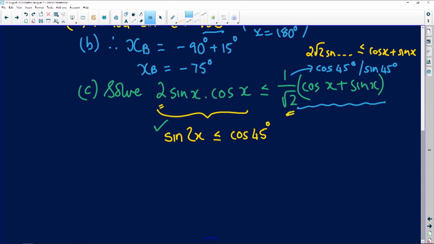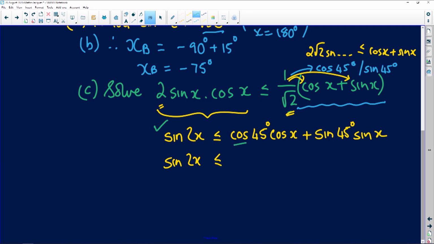The question is cosine, so you've got to rework this into cos, cos, sine, sine. So I'm going to say this is cos 45 times the cosine of x, so I'm multiplying it into the bracket at the same time. On this side, I'm going to be clever and use it as the sine of 45 and the sine of x. Okay, so all that I need to remember now, and that you need to remember, is your compound angle formula. You have the cosine, cosine. So you know that this is going to be cosine of something.